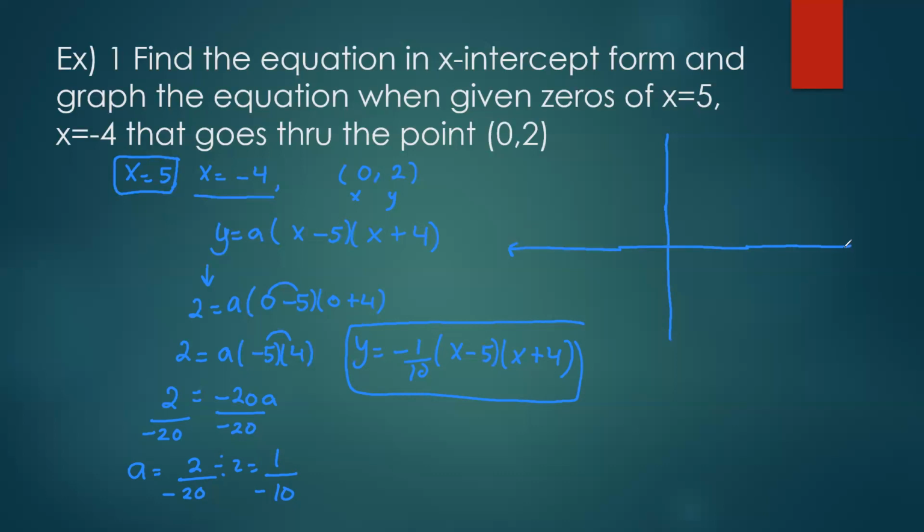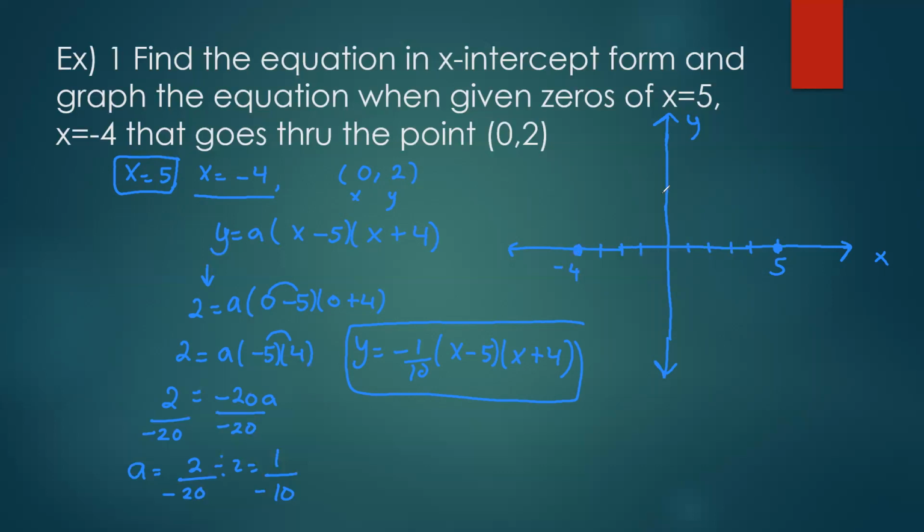What I mean is, our two x-intercepts are 5 and -4. So plot those two x-intercepts: 1, 2, 3, 4, 5. Here's 5, dot it. My other x-intercept is at -4, so that would be right here: 1, 2, 3, 4.